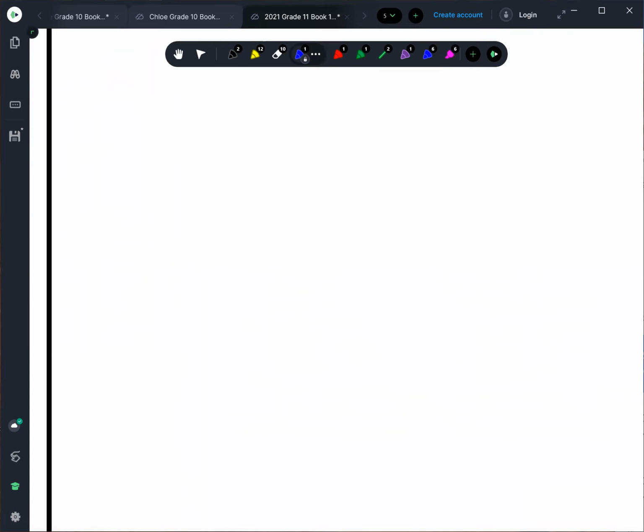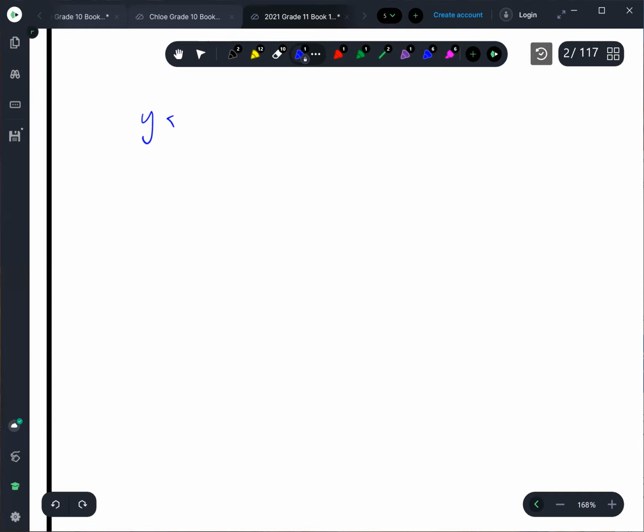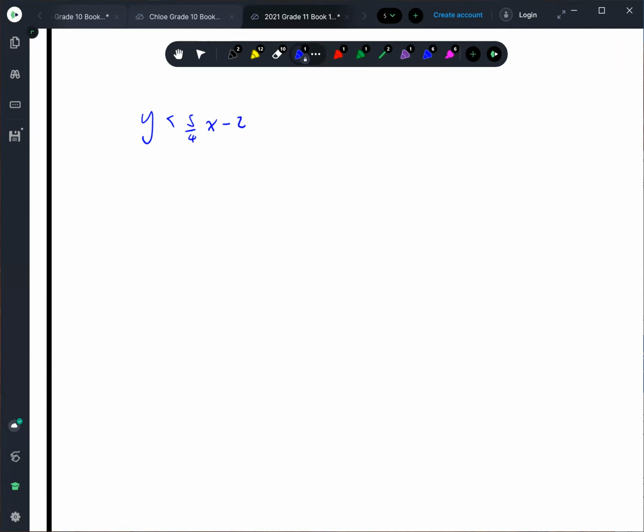One is y is smaller than 5/4x minus 2. I don't understand. When you're graphing the inequality, there should be one side that is shaded, right? But I don't know how to test which side should be shaded.